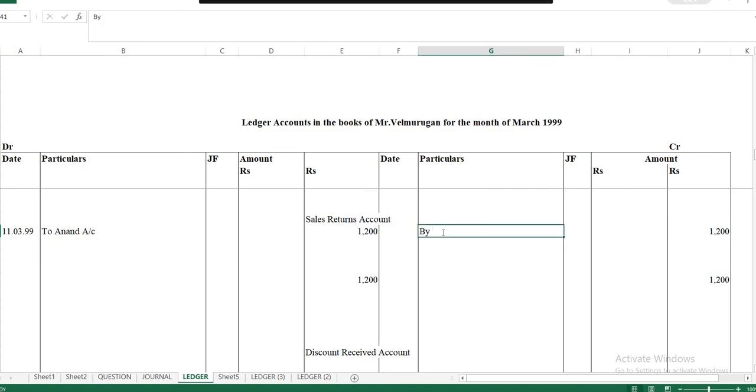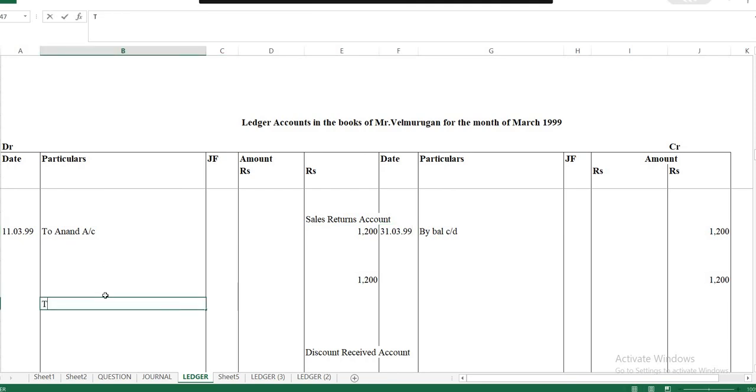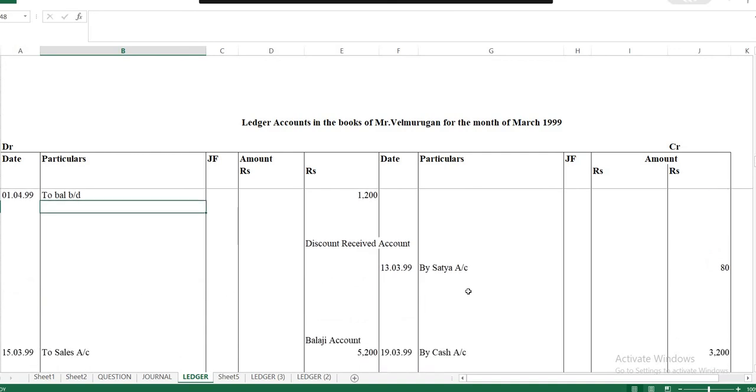So I will put this as by balance carry down, and the date is 31 March 1999. That amount has to be brought down to balance brought down, 1200. The date also to be mentioned is 1st April 99. Like this, every account you try to close out.